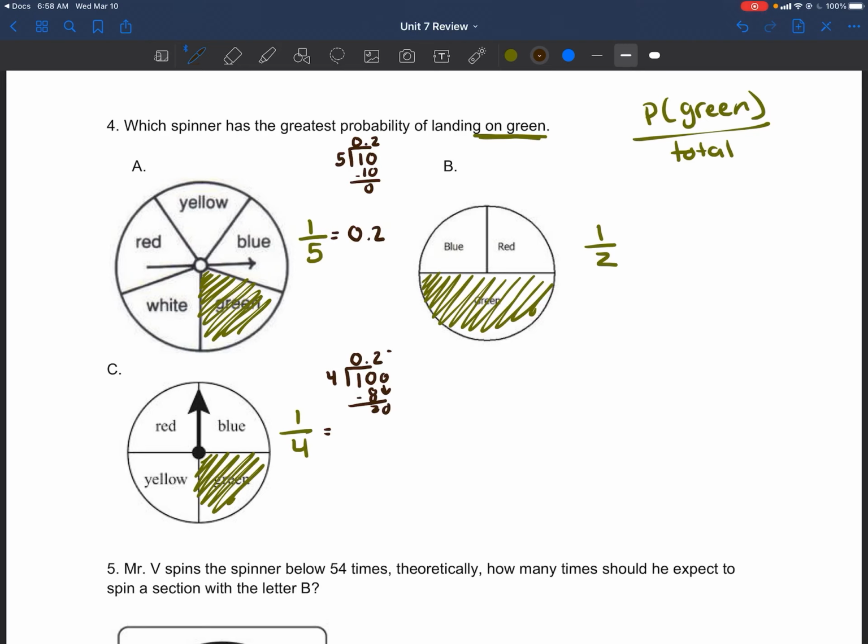And 4 goes into 20 5 times. 0.25. And 1/2 is 0.5. So I will let you all decide which one's the greatest. Again, make sure you turn them into decimals.